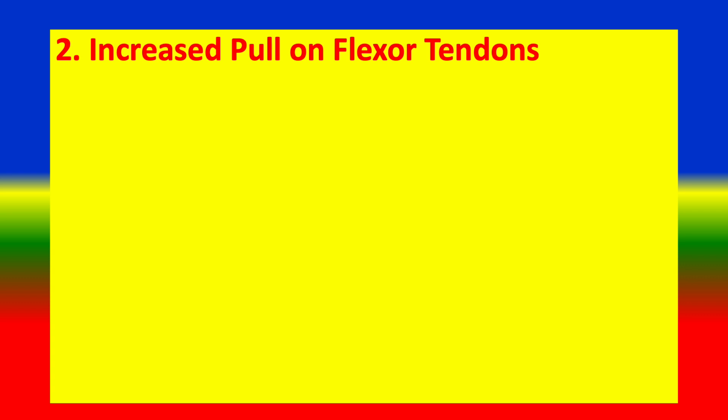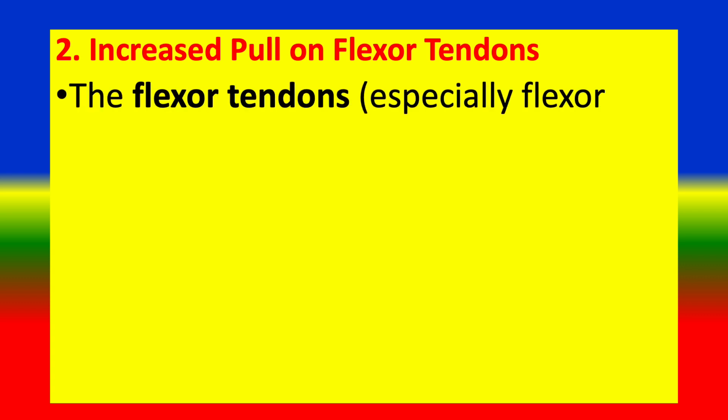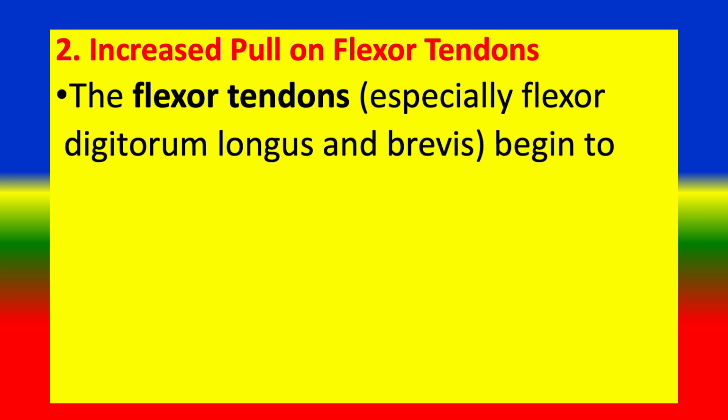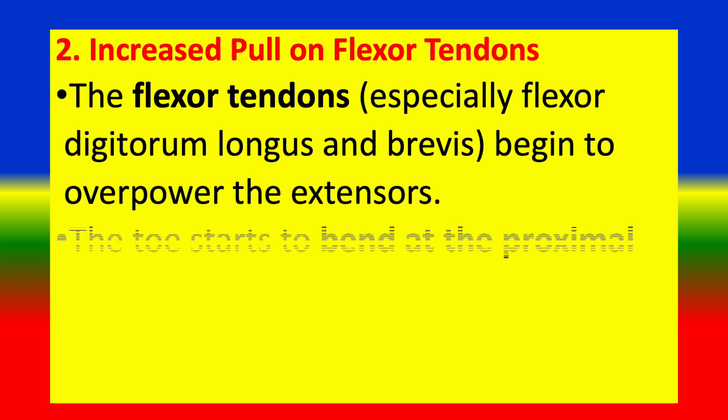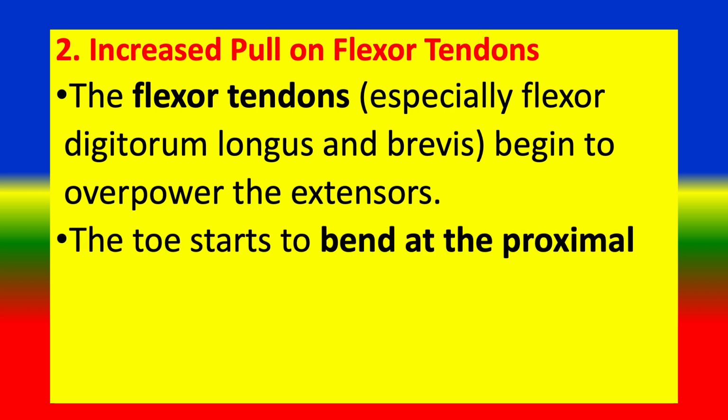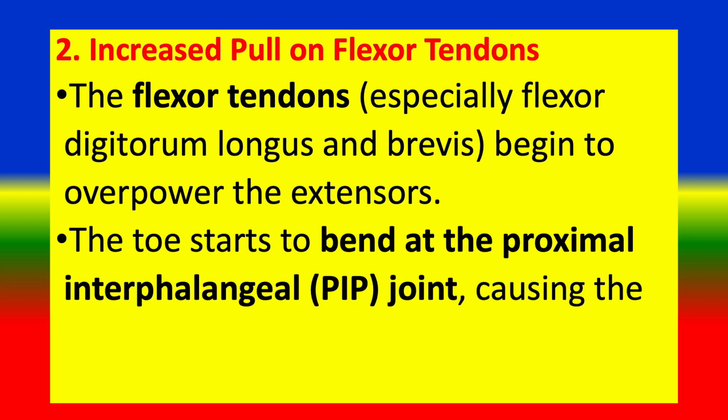Increased pull on flexor tendons. The flexor tendons, especially flexor digitorum longus and brevis, begin to overpower the extensors. The toe starts to bend at the proximal interphalangeal (PIP) joint, causing the hammer shape.